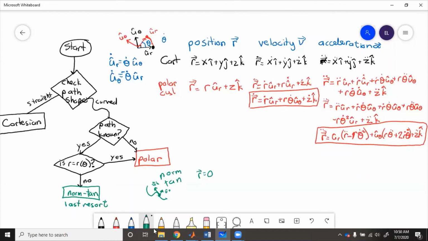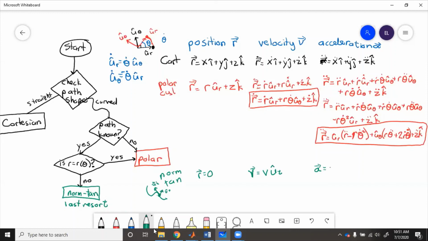Then the velocity vector is going to be the speed in the tangential direction. Because we know the tangential direction always points in the direction that the particle is moving. So if it points in that direction, then the particle must be moving with that speed. So v u_t.